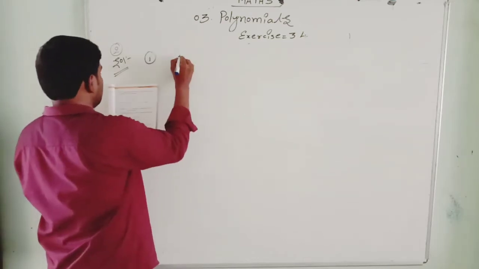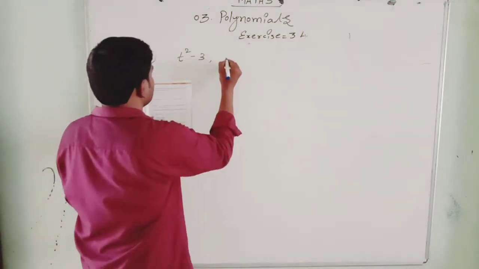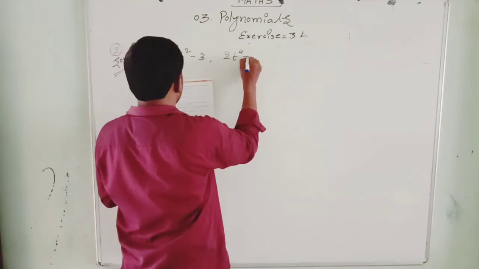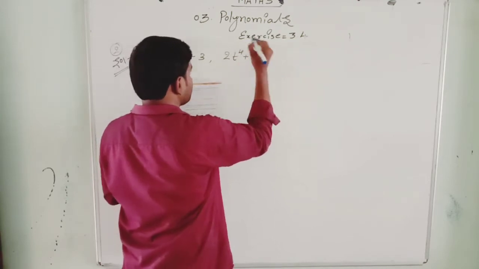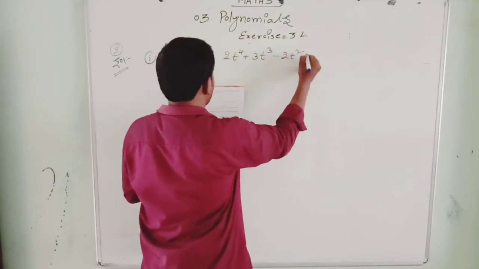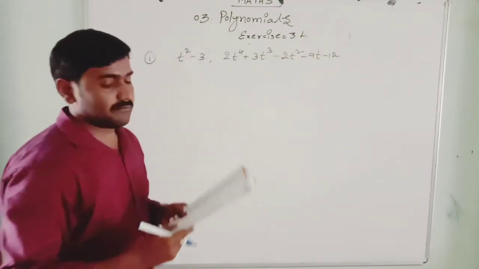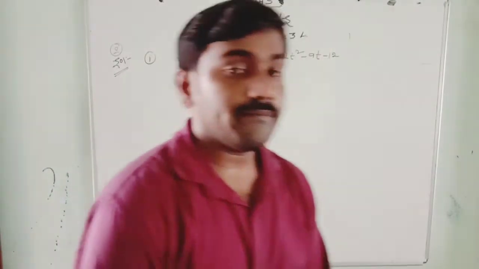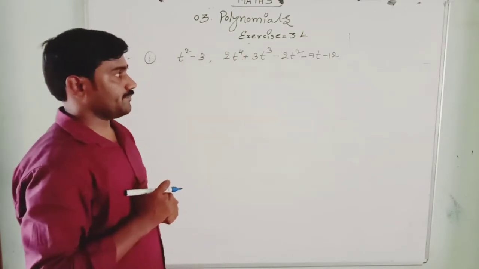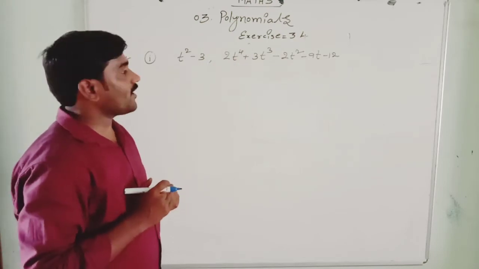The first question is t square minus 3, and the second polynomial given is 2t to the power of 4 plus 3t to the power of 3 minus 2t square minus 9t minus 12. See whether the first polynomial is a factor of the second polynomial or not.